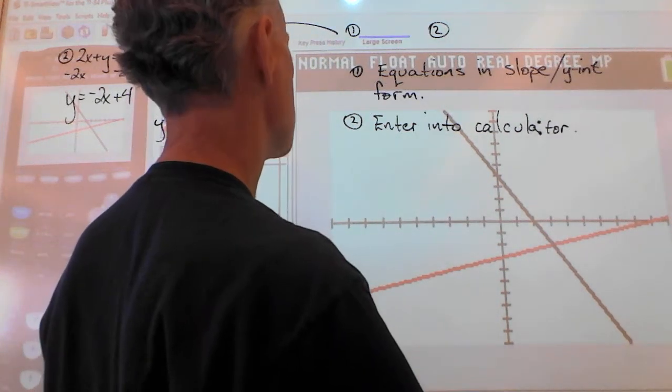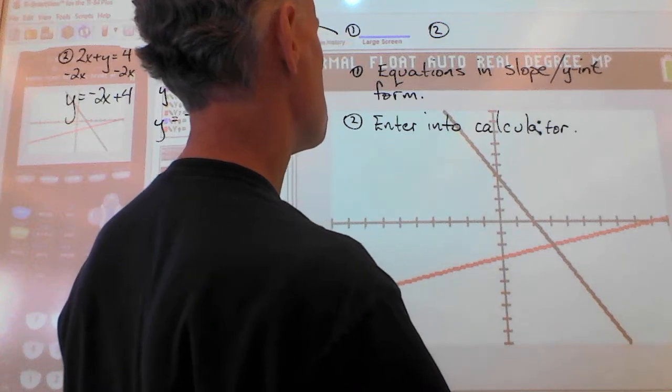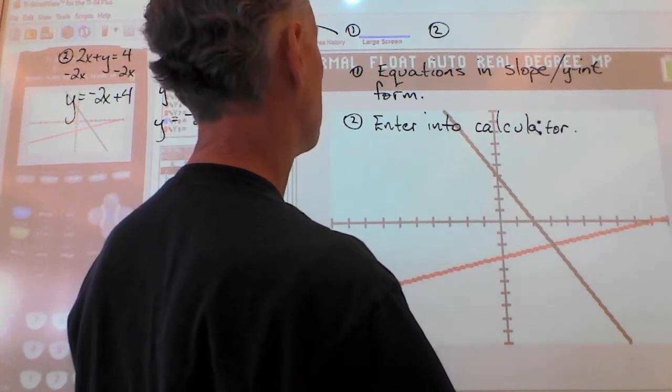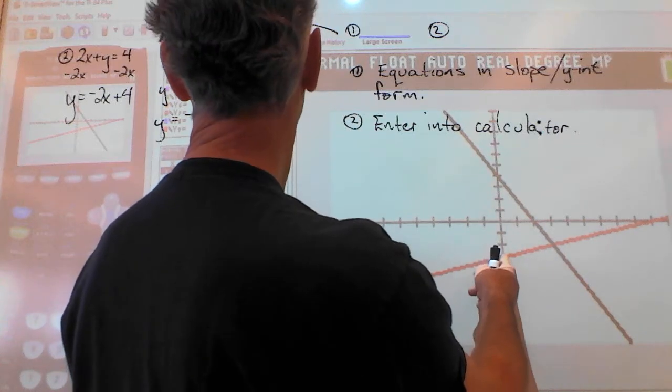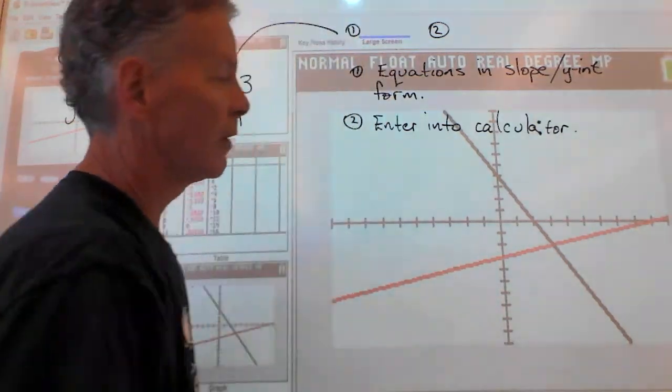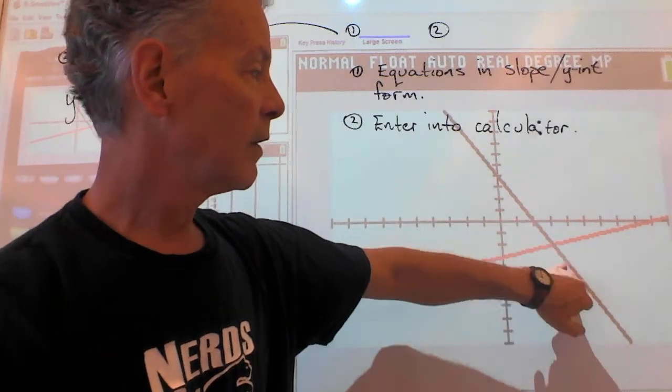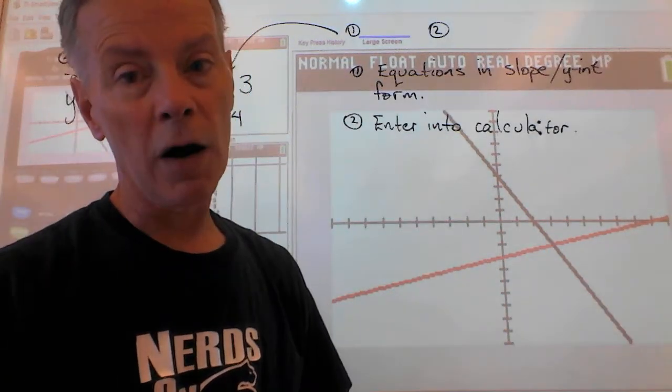Okay? That's interesting. Okay. The y-intercept should be at negative 3, and the x-intercept is at 9. Good. Okay, but importantly, we have 2 lines, and you can see that they cross.